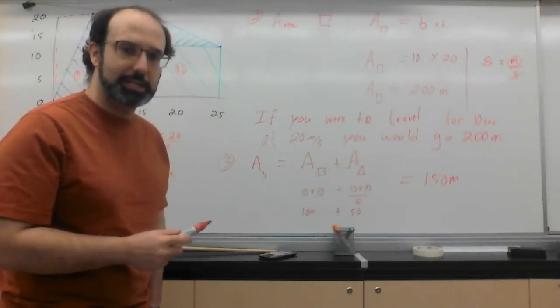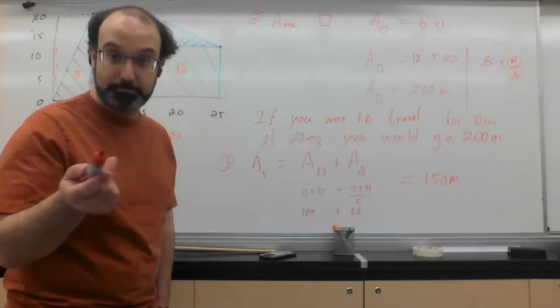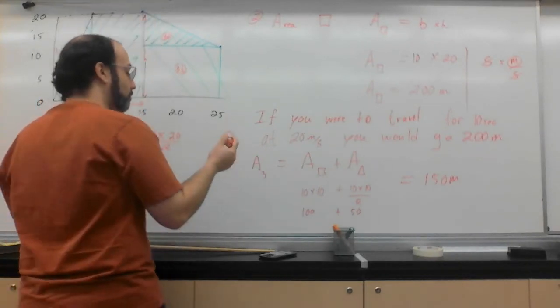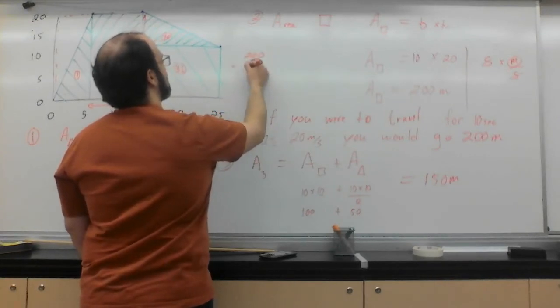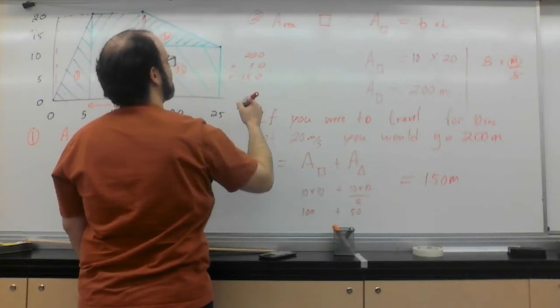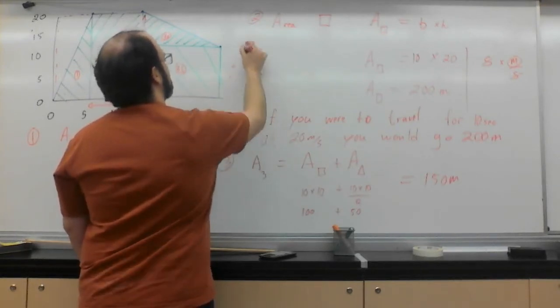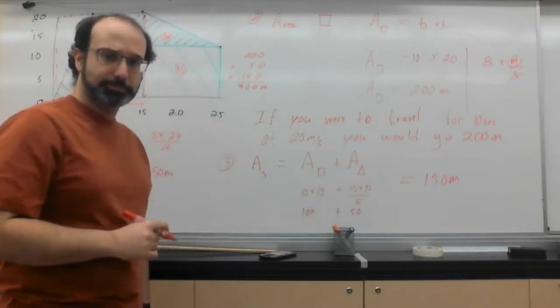You would calculate each area, just like we did here, and then you just add them up. So the total displacement here would be 200 plus 50 plus 150. And we would get, 0 carry the 1, 400 meters in total.